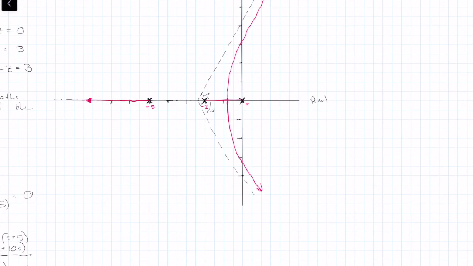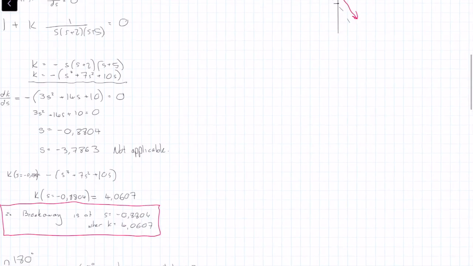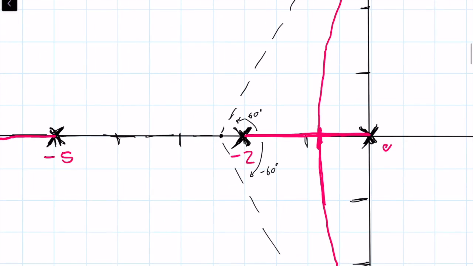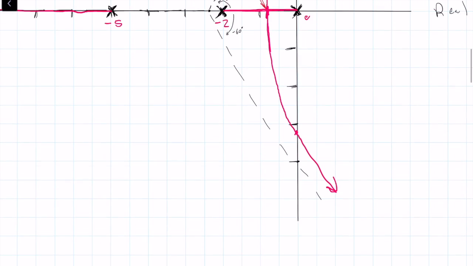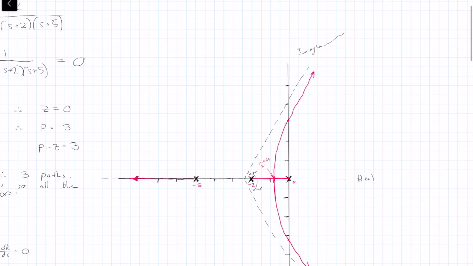Let us go and label some of the important points. Let's label them with red. Our important points are s equals minus 0.88 at the breakaway. So this point right here, s equals minus 0.88, and K was equal to 4.06 here.